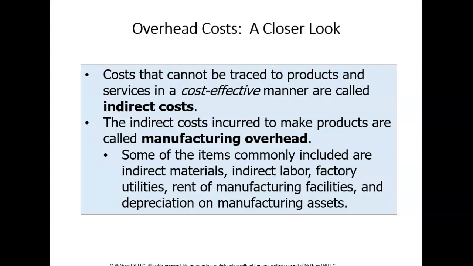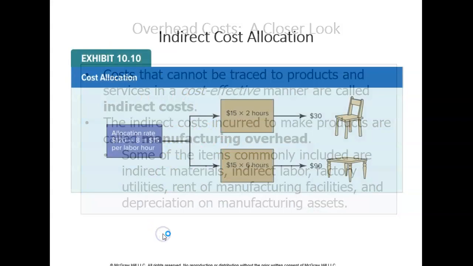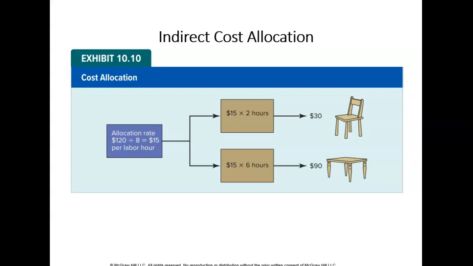Well, that's labor, but we call that indirect labor, meaning that we can't tie that salary to a specific product. Utilities for the factory, rent of the factory, depreciation. These are what we call manufacturing overhead costs, and we're going to assign a portion of these costs to what's known as your product cost. All right, so all these items make up what's known as overhead costs, which is a portion of your product cost.